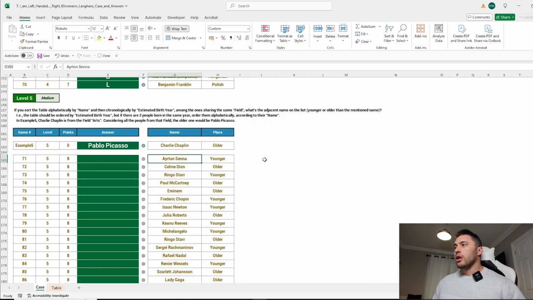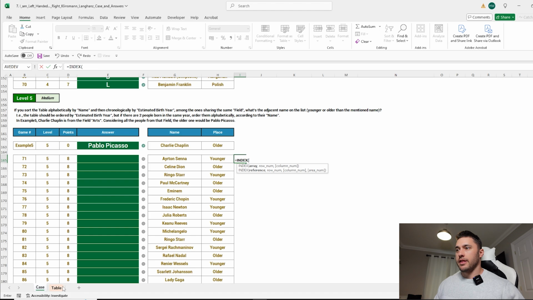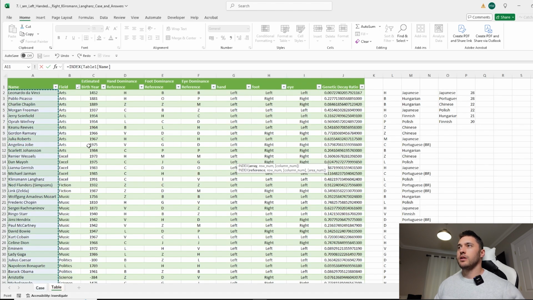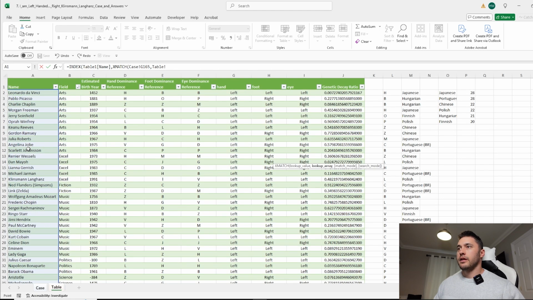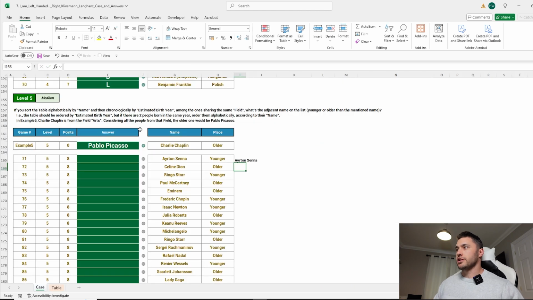So whenever you want to pull items out based on position rather than value, you're generally going to use INDEX. So what we want to say is index this column, and we want to find the row that our person is in. So let's say XMATCH the person in here, and that's going to give us the position.